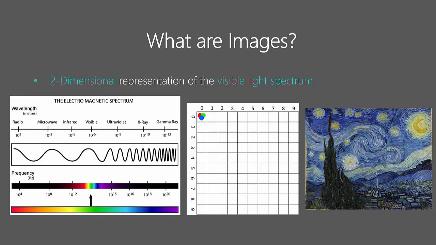The visible part, which we call visible because it's visible to our eyes, consists of different wavelengths, and each wavelength corresponds to different colors, all the way from red, green to blue and slightly purple. In an image like Van Gogh's Starry Night painting, each point corresponds to a different color, which means it reflects different wavelengths of light, which is what we see in these images. So now I hope you have at least an idea of what images are.